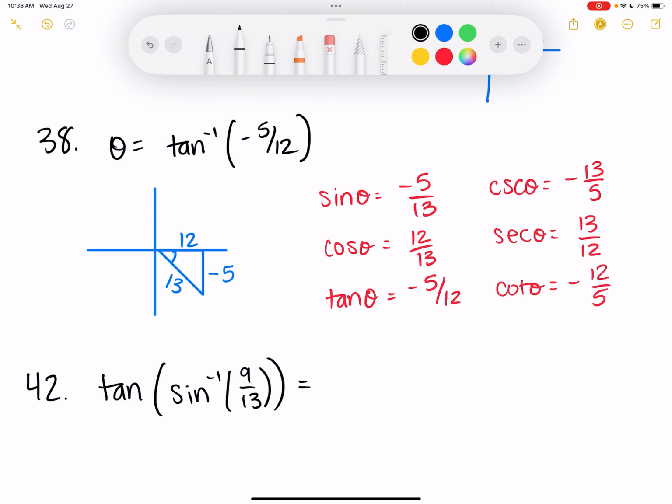They are giving the answer in radians, but they do not specify. It has to be in radians based on what they've given us. I'm in degree mode, so I need to fix that. Then just do the tangent of the inverse sine of 9/13, and we would get 0.959.